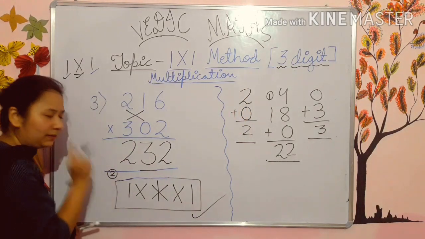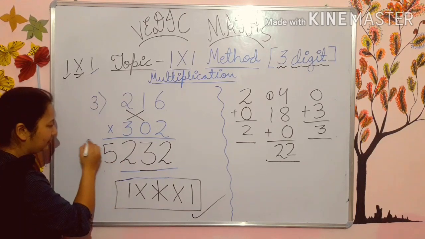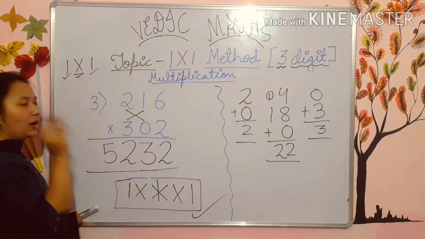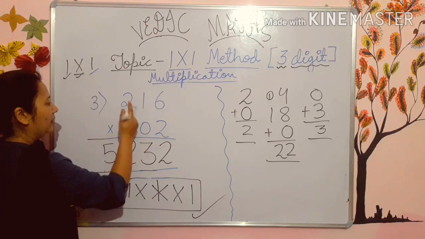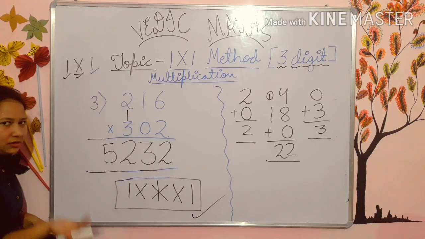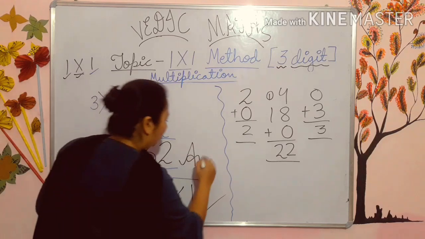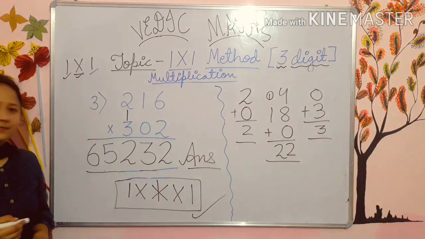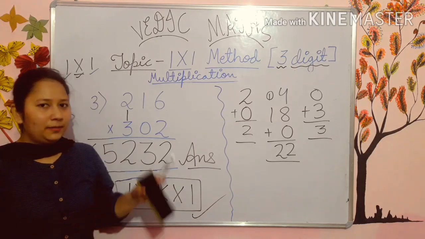Carry is there. 3 plus 2, 5 and write this. Now the last, which is I. Now 3 2s are 6 and carry is also not there. So 6 we will write directly and this is your answer. These calculations, again I am saying, you can do in your mind.